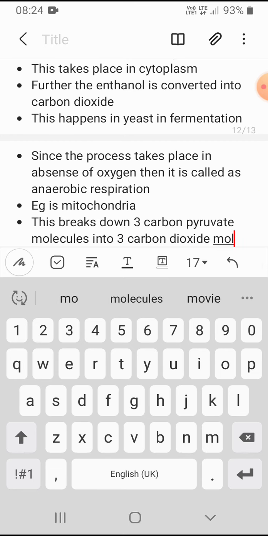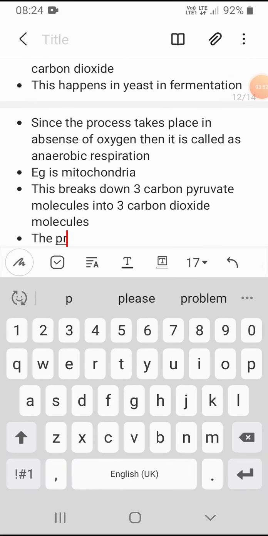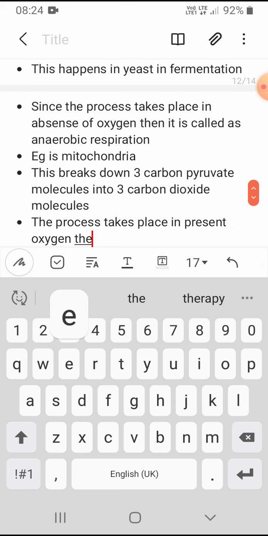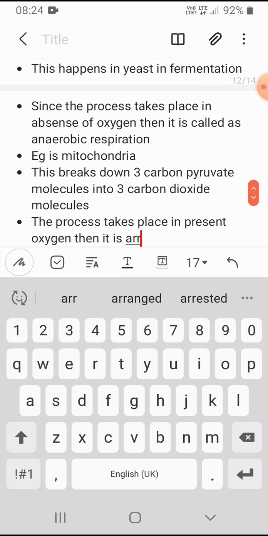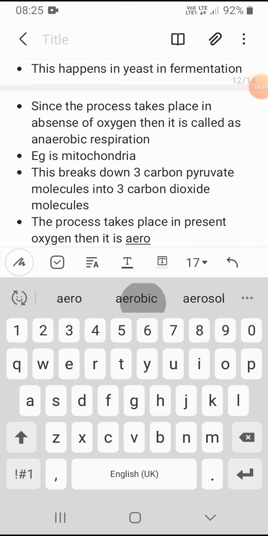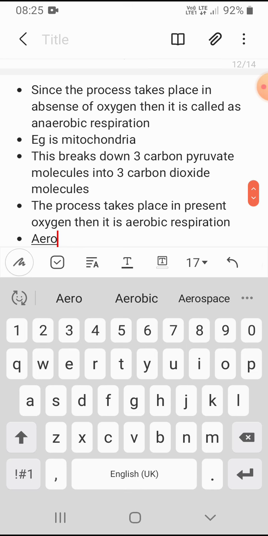Another process takes place in the presence of oxygen. If in that process oxygen is present, then it is aerobic respiration.